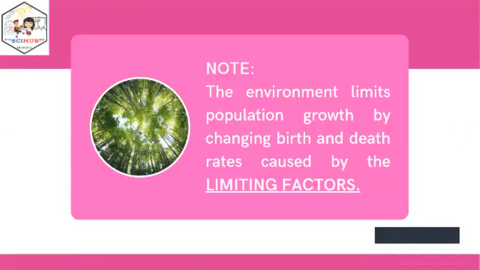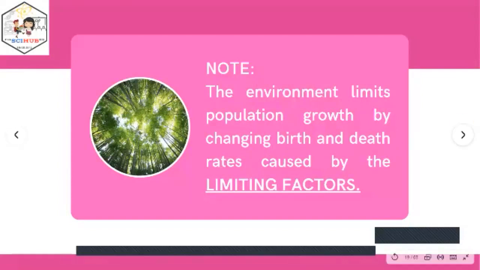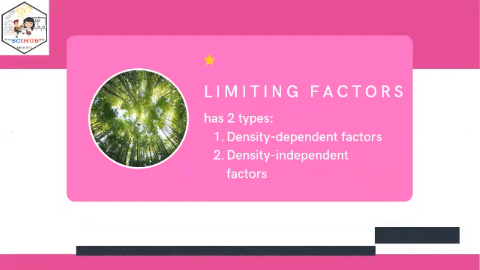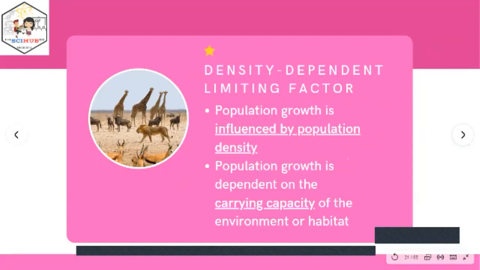But there are many limiting factors that we will discuss further. The limiting factors have two types. First is the density-dependent factors and second, the density-independent factors. The density-dependent limiting factor is one where population growth is influenced by population density.